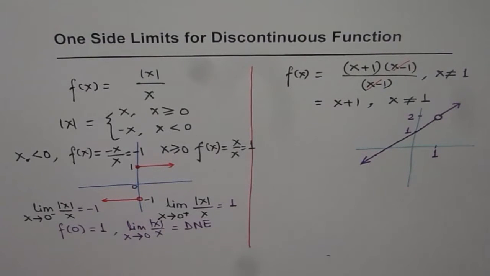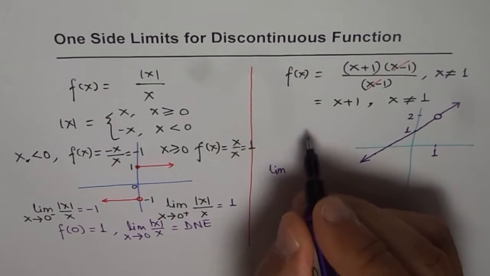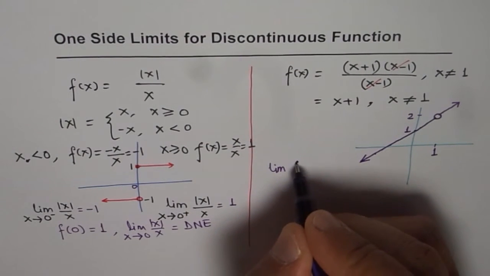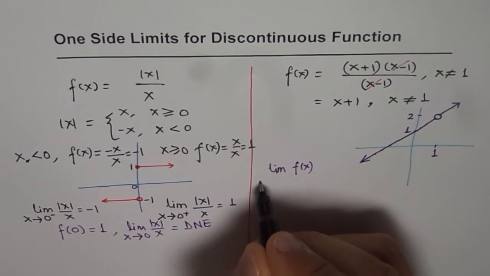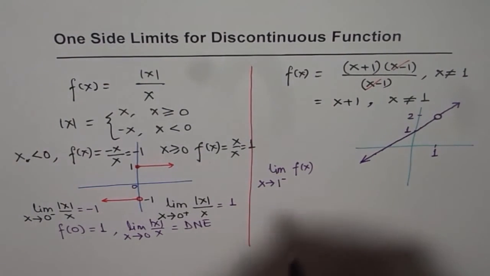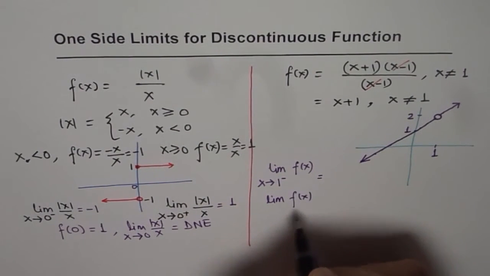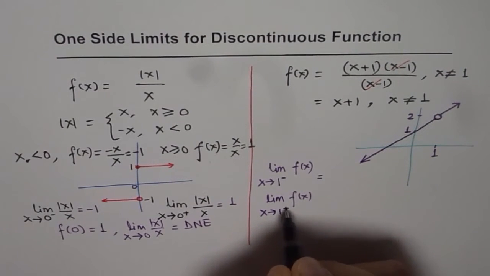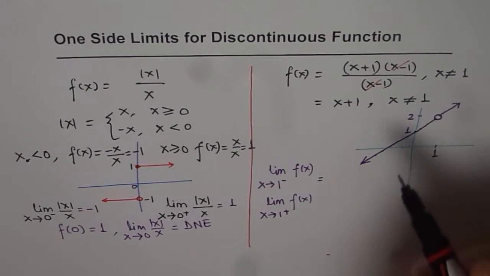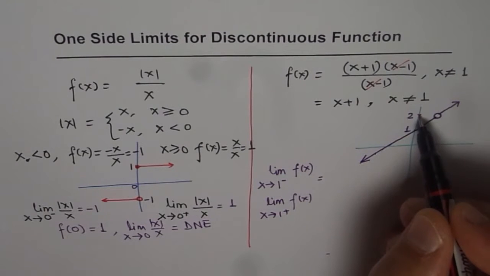Now what is the limit of this function? Let me write f of x, when x approaches 1 from the left side, that means 1 minus. What is this limit? And what is the limit of this function f of x when x approaches 1 from the right side? Well, let's see. If you are coming closer and closer to 1 from the left side, you are approaching the value 2, right?